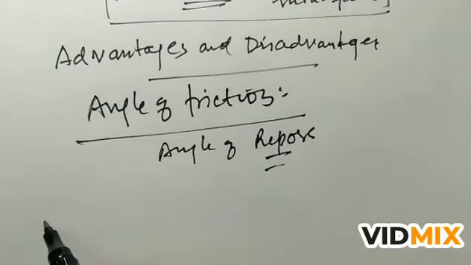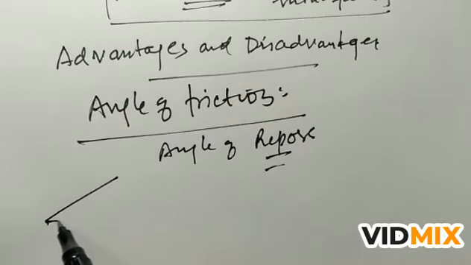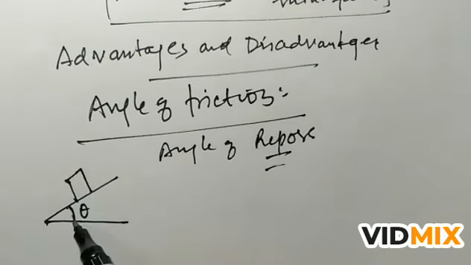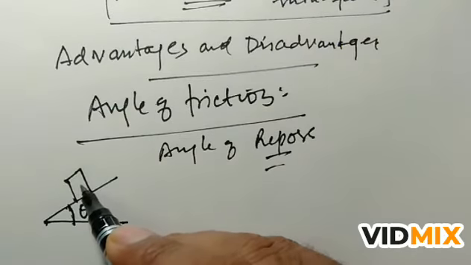Suppose that this is an inclined plane, which is at some angle from the ground or from the horizontal level. There is some inclination and you have put one body here. Now if you start increasing this angle, after increasing a certain angle, the body starts slipping downward.